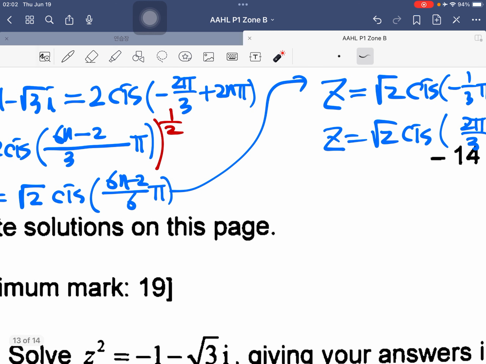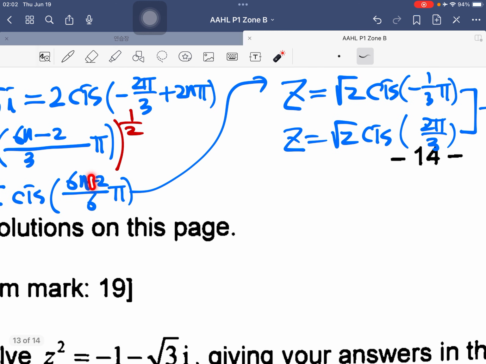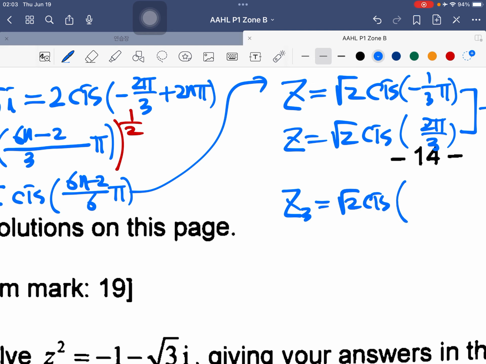That means we can have 6n plus 2 on top. So we put 0. So the first answer, z3, will be, because this is 6n plus 2, putting 0 there, square root of 2 cis pi over 3, right?